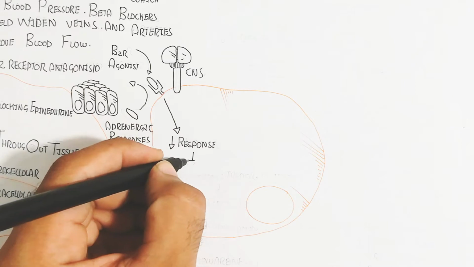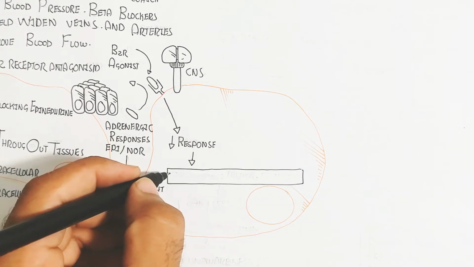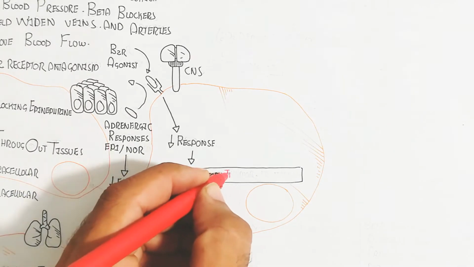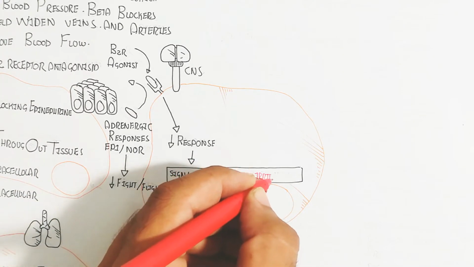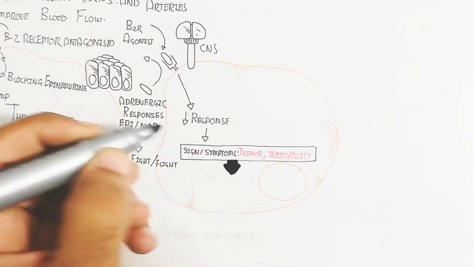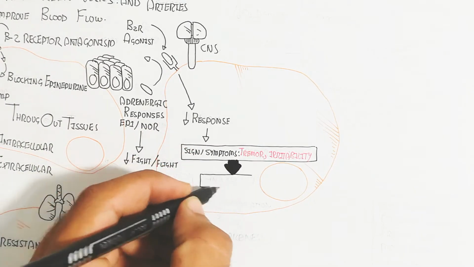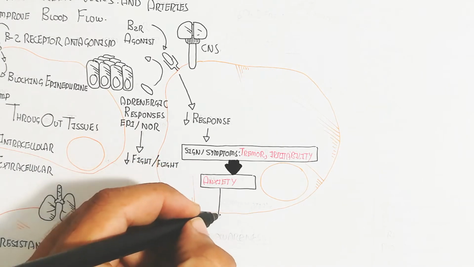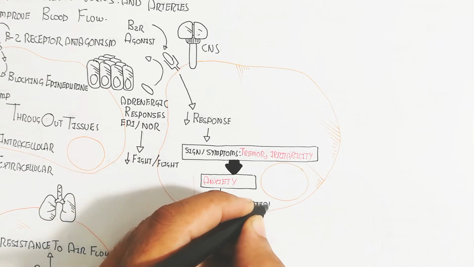So remember, the decreasing of the response will lead to signs and symptoms: tremor, irritability, and anxiety. It will lead to complications causing hypoglycemia, and the unawareness of the hypoglycemia will also cause hypotension, because hypoglycemia means decrease of the blood glucose.